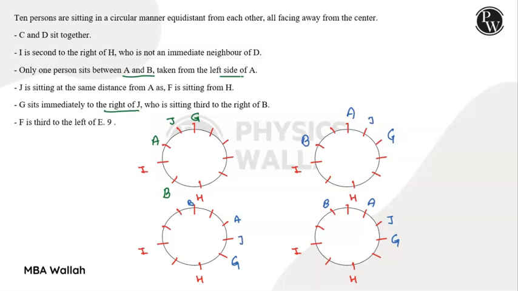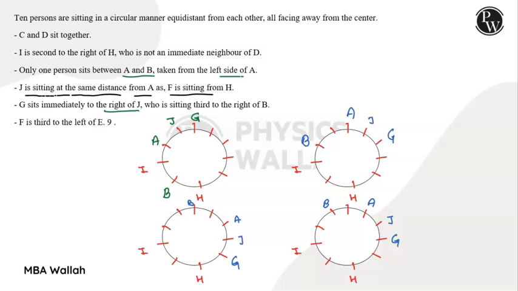Now next we are given that J is sitting at the same distance from A as F is from H. We know that between J and A there is no person sitting, they are neighbors. That means F and H will also be neighbors.